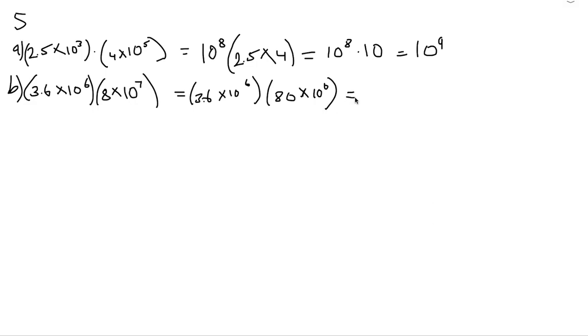Now 10 to the power 6 times 10 to the power 6 will become 10 to the power 12, and 80 times 3.6 will give us 288 times 10 to the power 12, which will be 2.88 times 10 to the power 14. This is rewritten, so this is the answer.